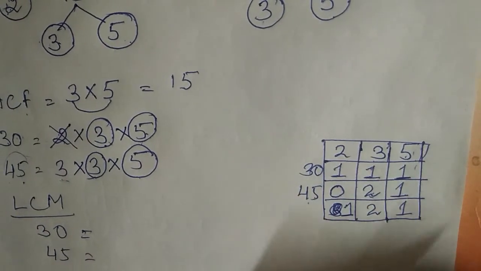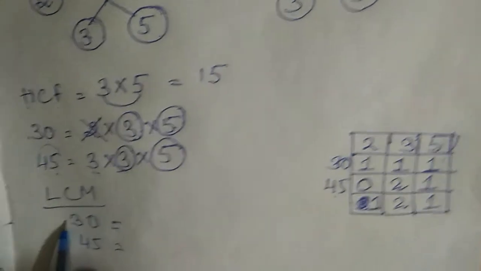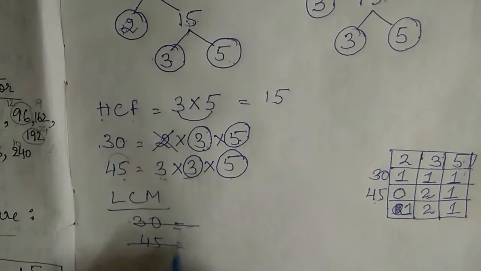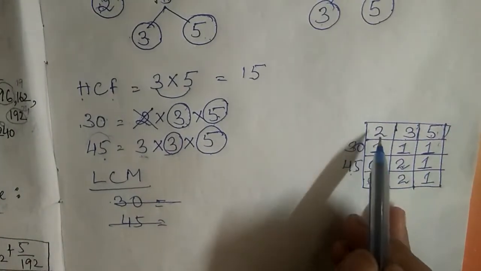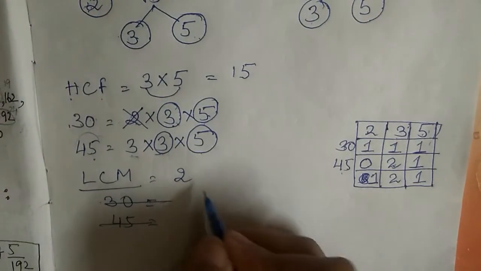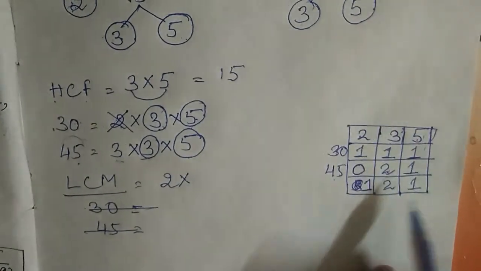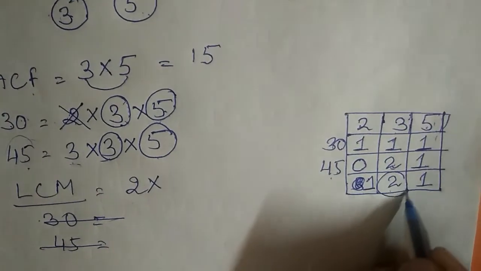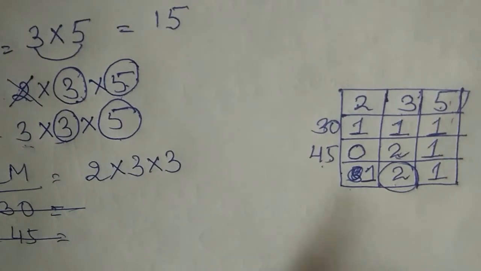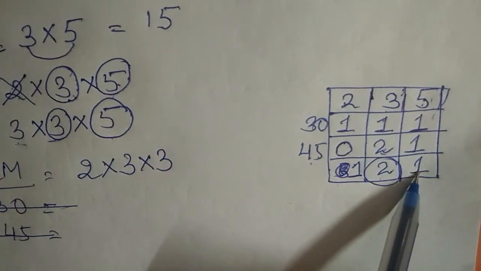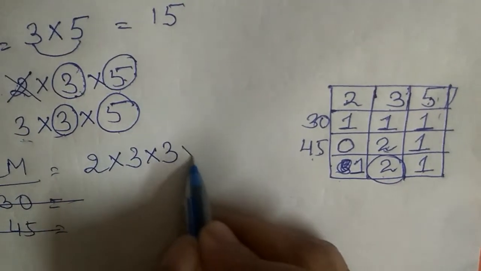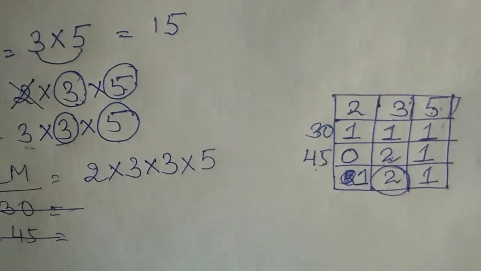So for the LCM of 30 and 45, we write 2 one time, 3 multiplied by 3 for two times, and 5 one time.